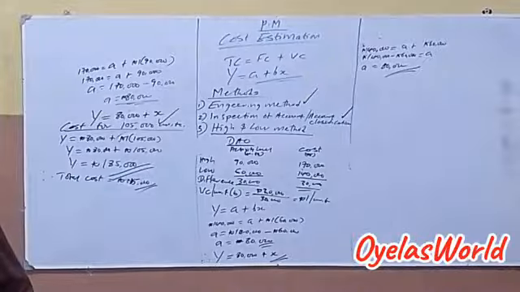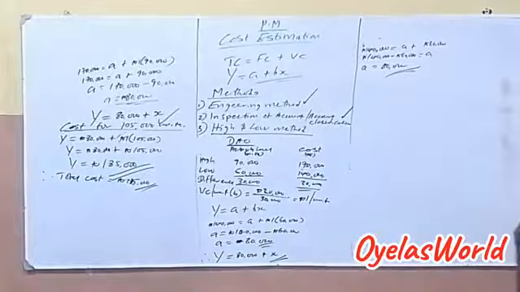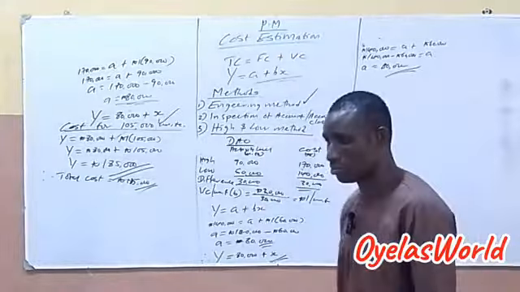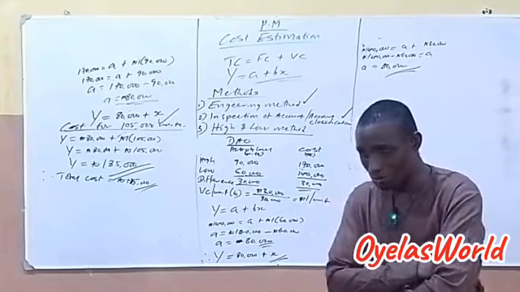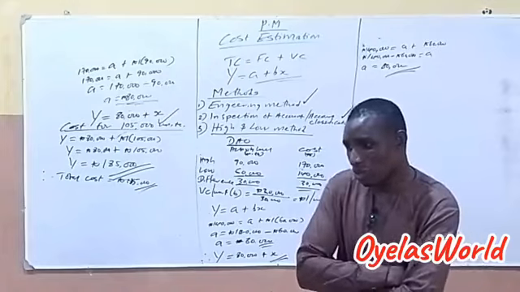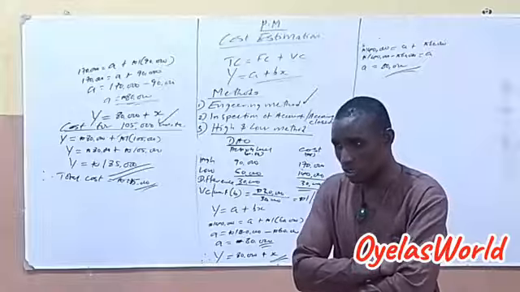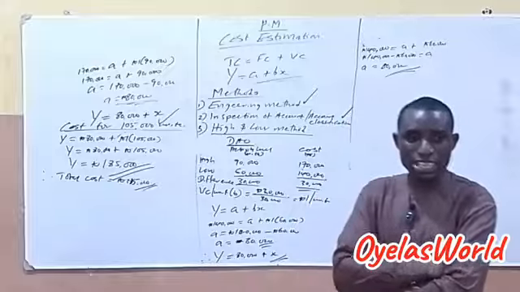Now, it is also possible that you have a step cost. This is how we are going to build on this one. When you produce up to a certain level, your fixed cost will take a step.